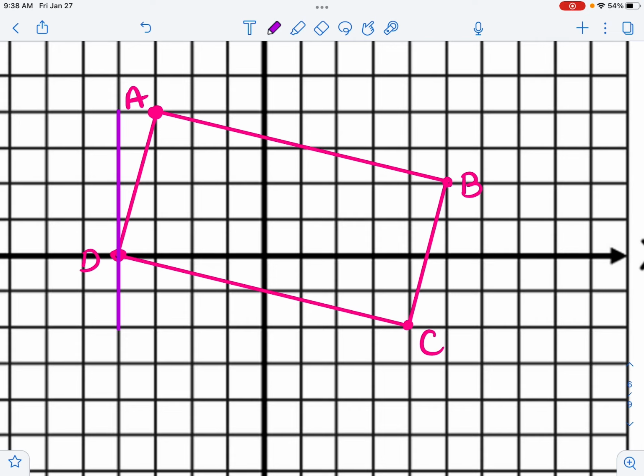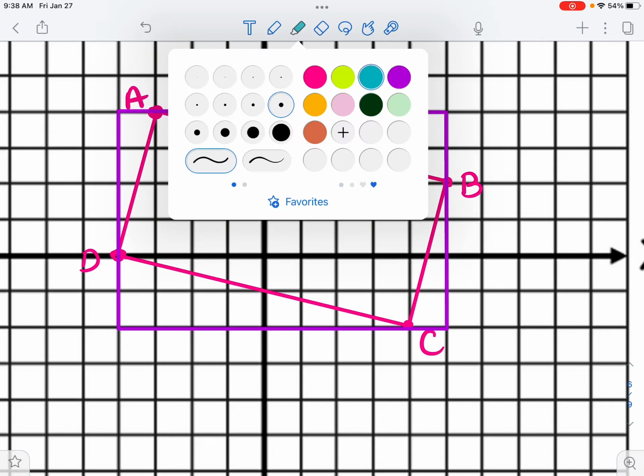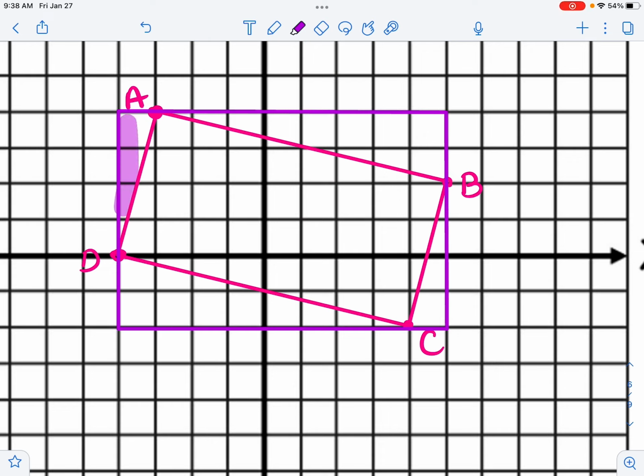So I went through D. I'm going to go through C. I'm going to go up through B. And then I'm going to connect. When I do that, I basically have created some surrounding triangles in here. So I'm going to highlight them so you guys can see.